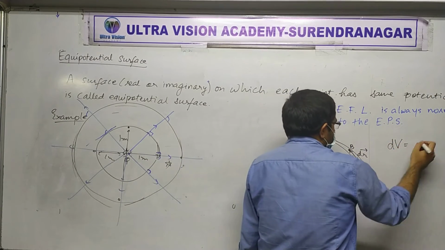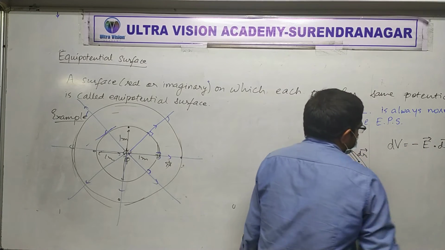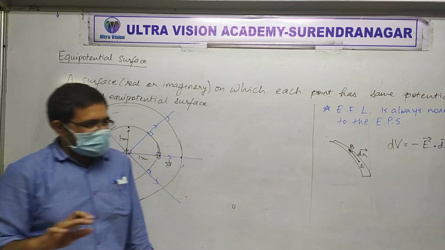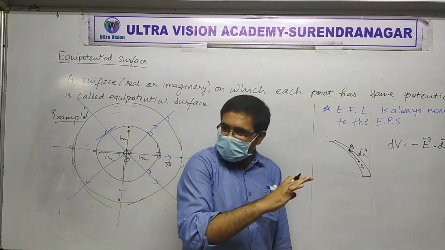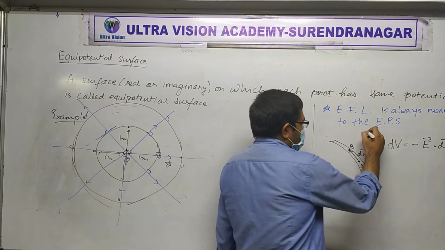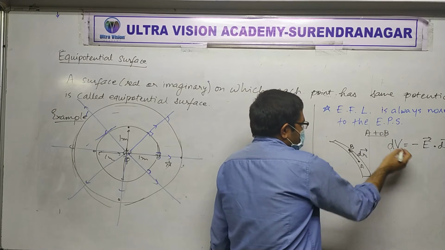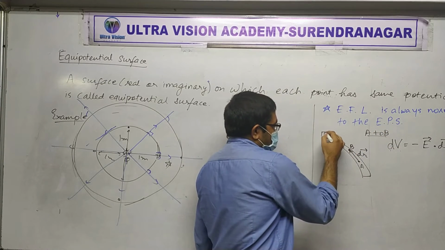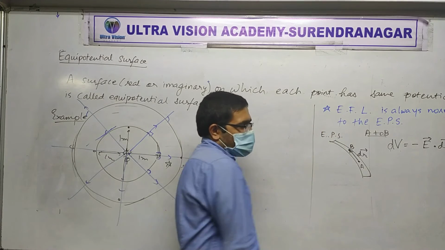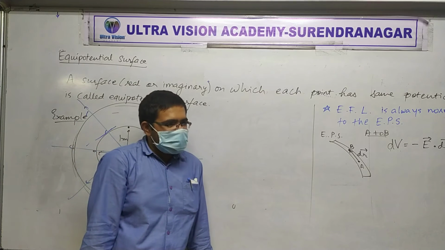dV is equal to minus E vector dot dr vector. Yes or no? We have this relation from earlier. Now we are going from A to B. How much is the change of potential if this surface that I have drawn is an equipotential surface and A and B both are on the same equipotential surface? 0.